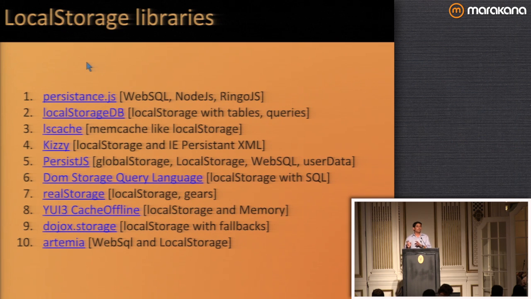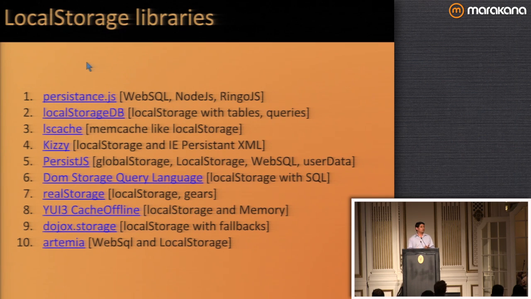These are SQL-ish kinds of local storage libraries that let you do a little bit of querying. And then there are some local storage libraries that come built in with JavaScript libraries like YUI or Dojo. And that's the landscape, if you notice. The library that you choose for local storage is primarily dependent on, one, what is your overarching framework, or what is your general JavaScript framework.